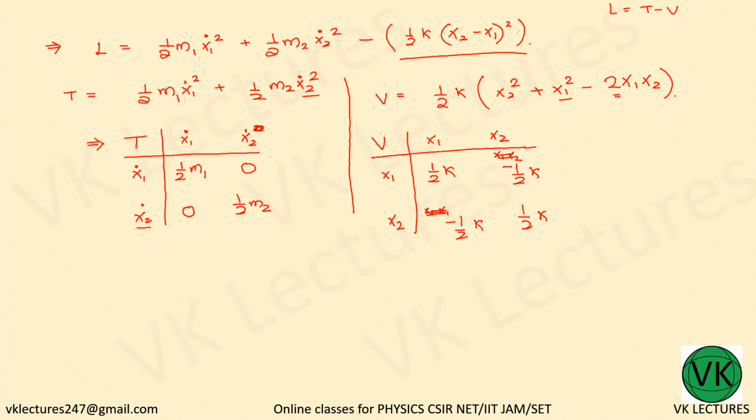This matrix can be simplified in the form, let us write half outside: T is equal to half times the matrix m1 0, 0 m2, and the potential energy V is equal to half k times the matrix 1 minus 1, minus 1 1. So this is the potential.